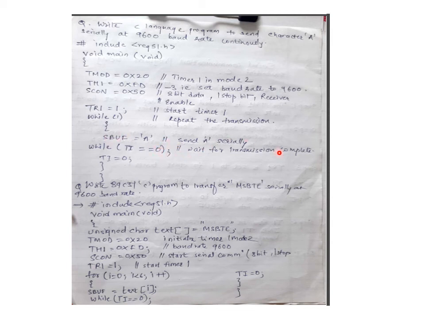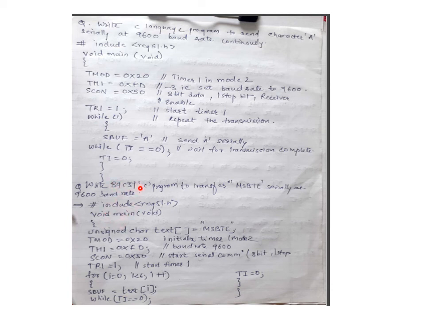Send A serially, because we have to send the character A in the question. So SBUF is equal to 'A'. Then while transmission is not complete, TI is equal to 0. Our while loop is closed and the program ends with the main program.